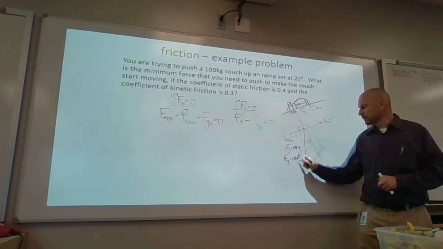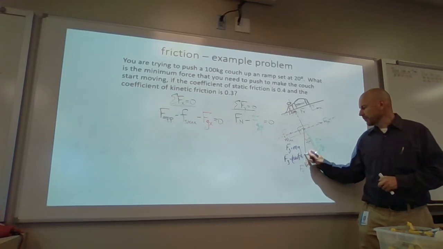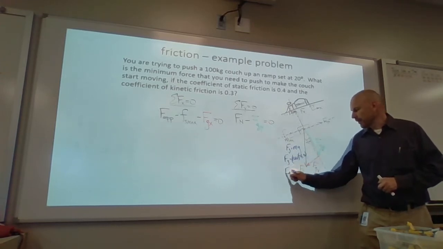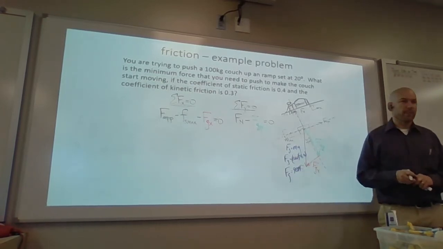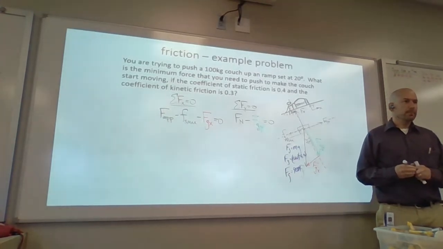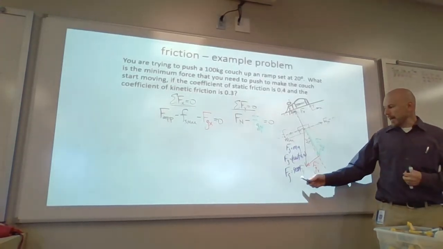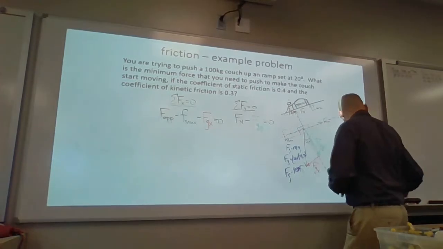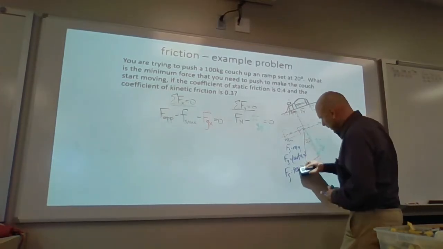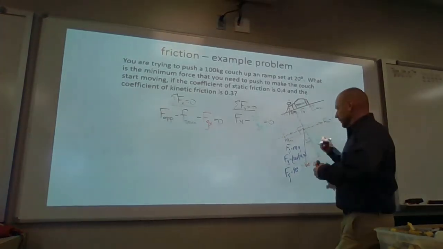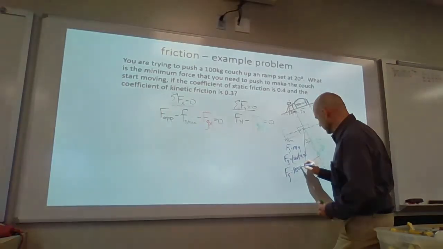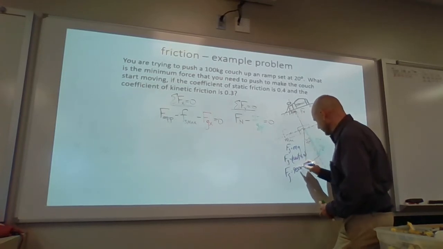So I've got 100 times 9.8, which is equal to 980 newtons. It's my force of gravity. Can I take 980 and stick it in for this? Come on, why not? So much work.